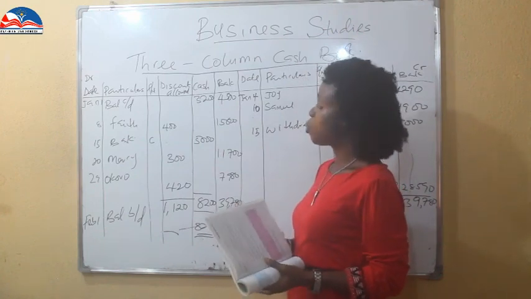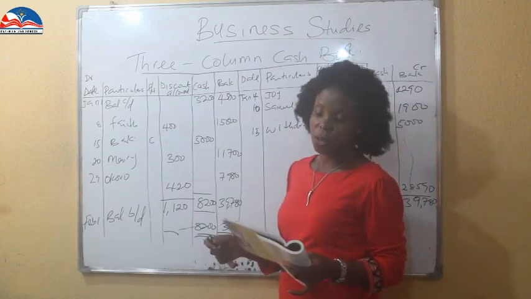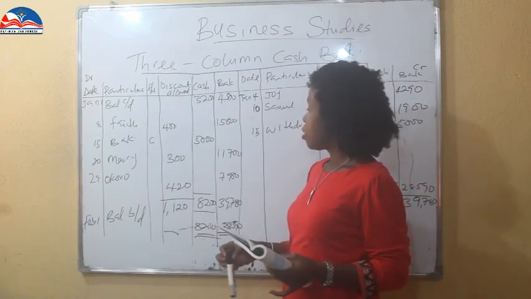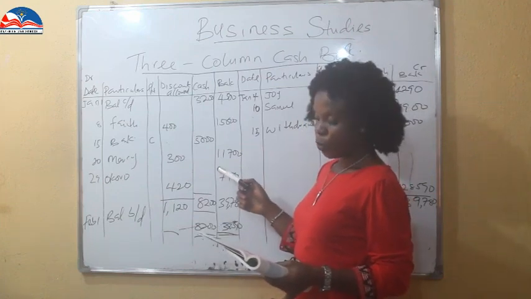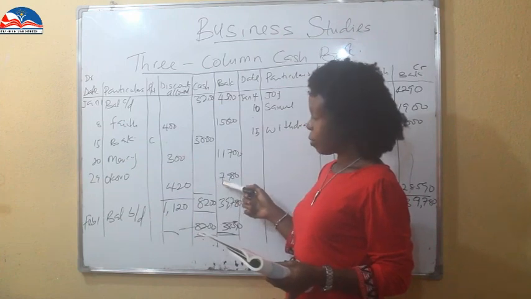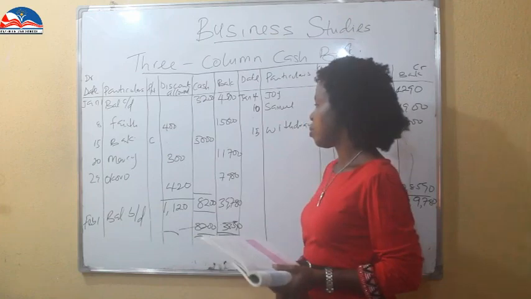So he was supposed to pay, if you look at that question, 8,400, but because of the deduction of 5%, he paid 7,980. And so the difference between 8,400 and 7,980 is 420 naira. That's the discount you receive.